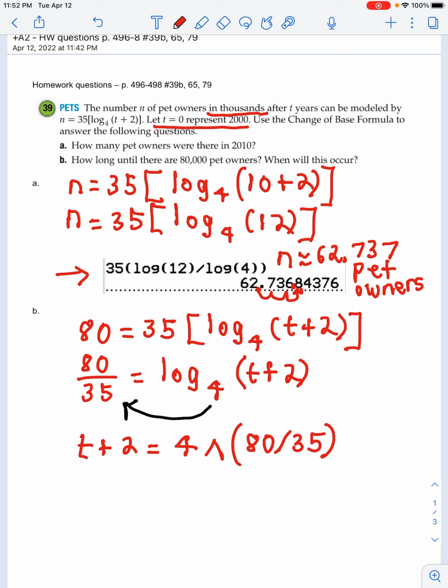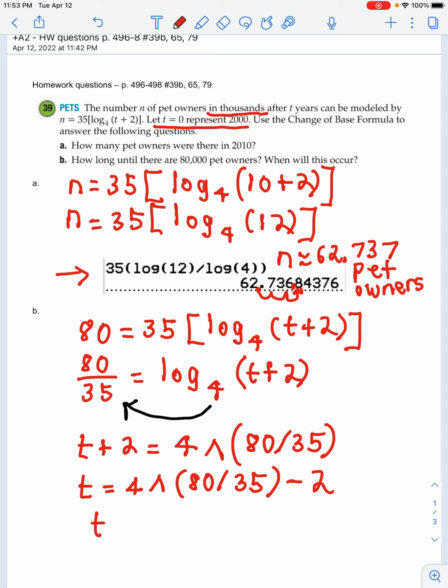So basically, we're going to have t equals 4 raised to the power of 80 divided by 35 minus 2.